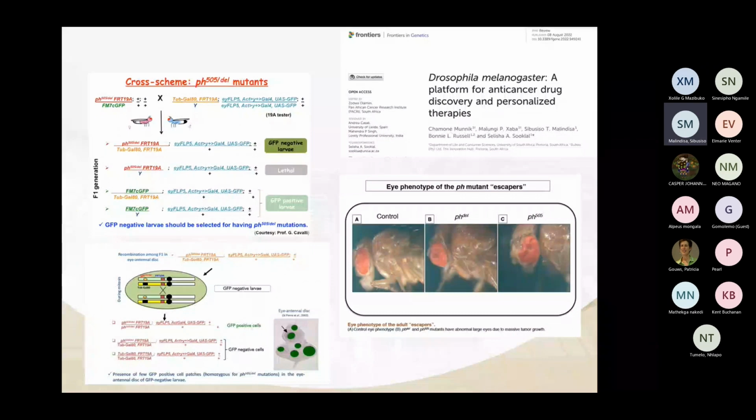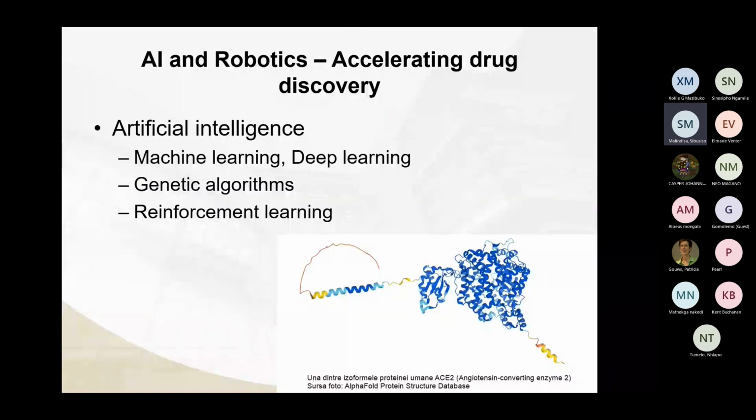Now, the future also includes AI and robotics. So using machine learning and deep learning to predict what will happen in the body and also predict some of the structures of the protein, because it's quite important for us to know the structure of the protein so we can design the right type of drugs. So AI is very important for us in that aspect, but also robotics.